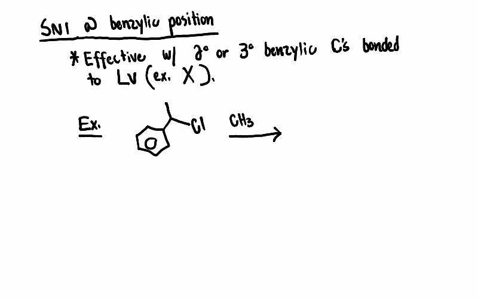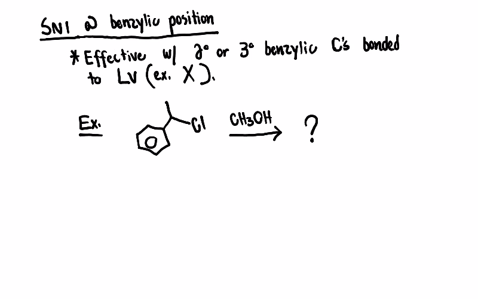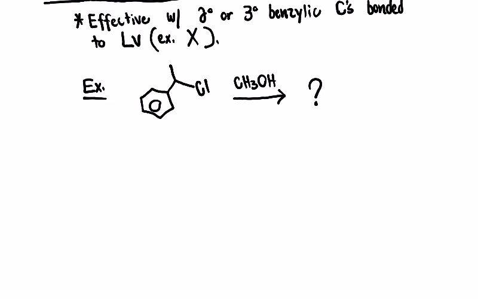And we're going to react with methanol, CH3OH, and we're going to ask ourselves what the product is and what the mechanism for this reaction is. So taking a look at the reaction mechanism for an SN1 reaction, keeping in mind that we can form a very stable carbocation here.